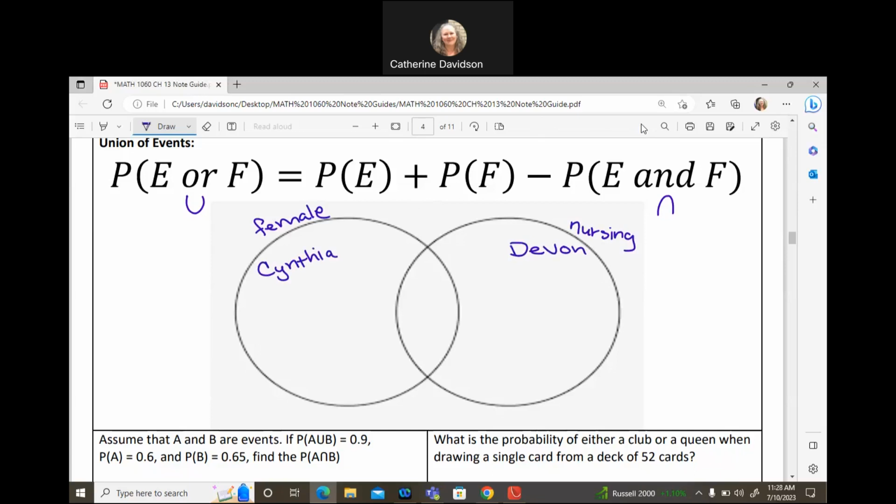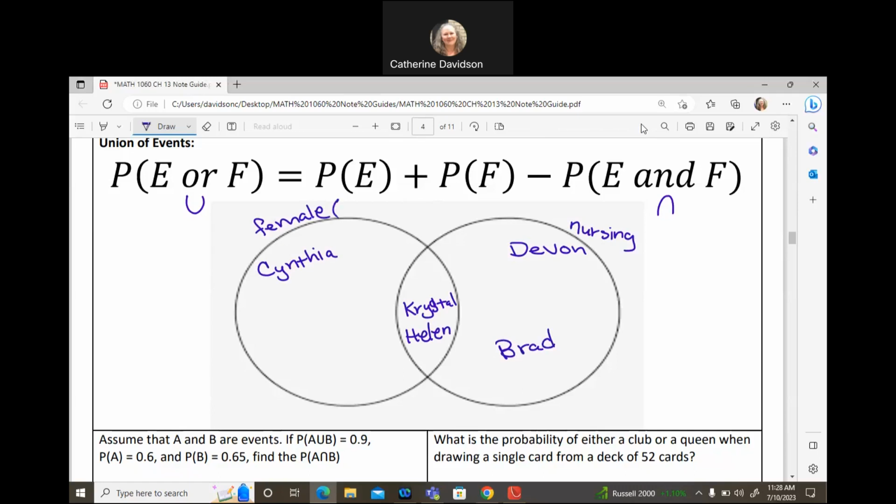We have Crystal. Crystal is a female student and she is a nursing major. Okay, so we're going to fill some other people in. All right, we'll just leave it like that.